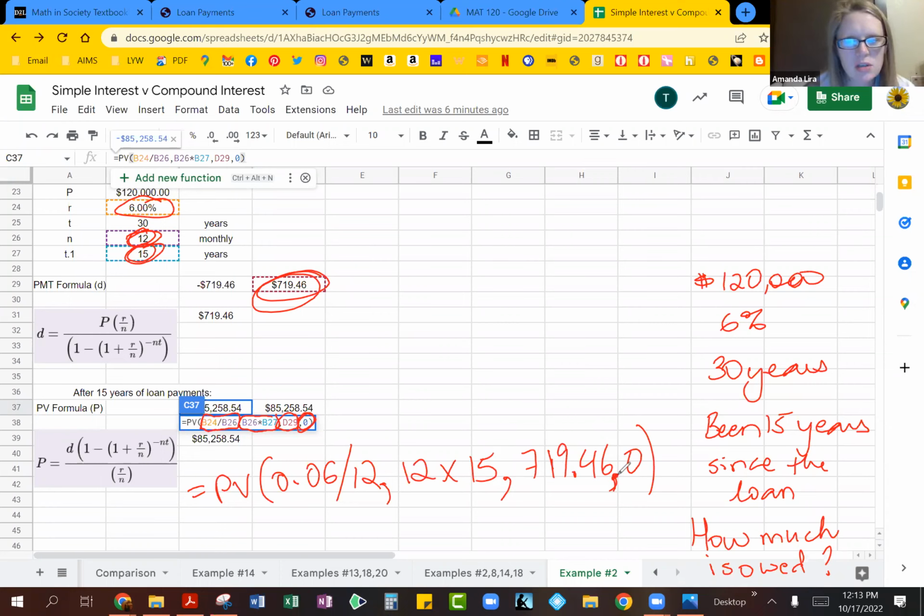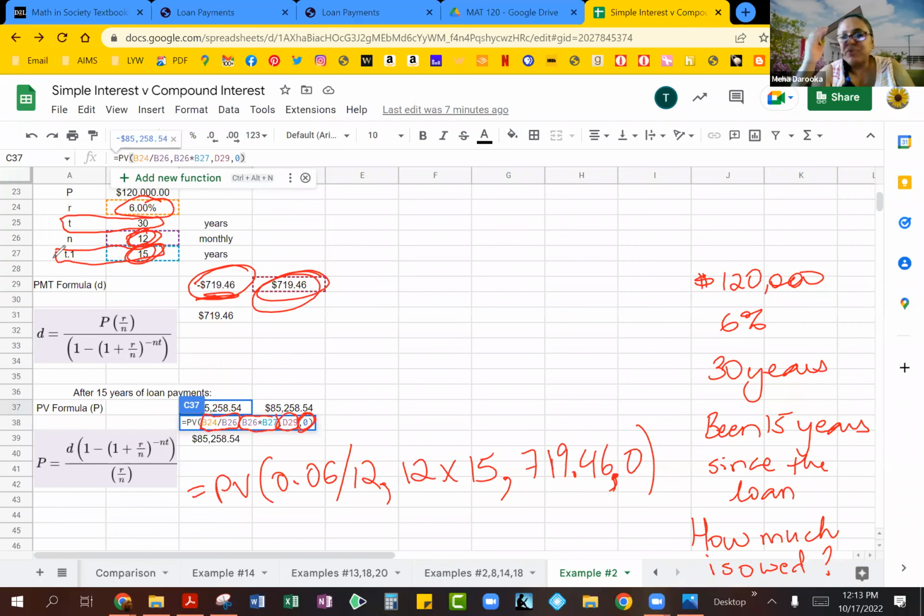So when I changed it to 15, it changed the payment back to 1,000. So you're not changing the payment here. In this calculation, we are using T as 30. So you will see that's why I have 2 different cells. One says 30 and then this one says 15. So I would have 2 separate cells, because in the first one, you do want to keep it at 30 years.